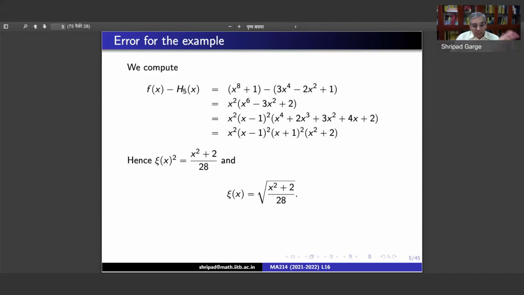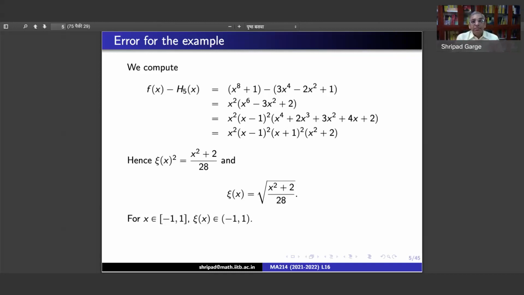And one also notices that when you have x from the interval -1 to 1, then x square will go from 0 to 1, and the numerator inside the square root sign, x square plus 2, goes from 2 to 3.